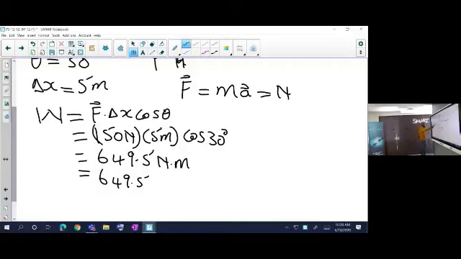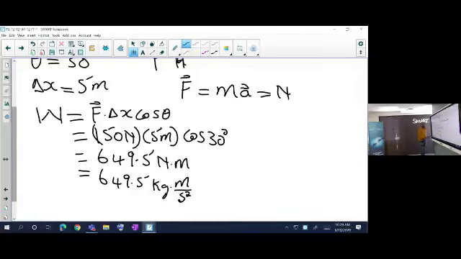Now you have to know this mass is going to be measured in what? In kilograms. You have to come here and say this is kg, multiplied by this acceleration, which is going to be measured in what? In meters per second squared. All right. You have to say over second squared.